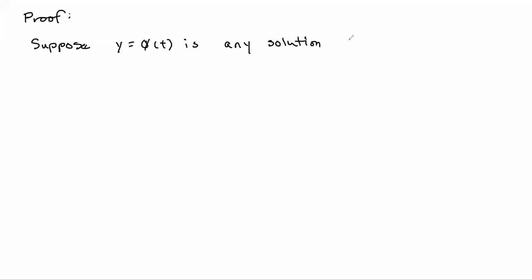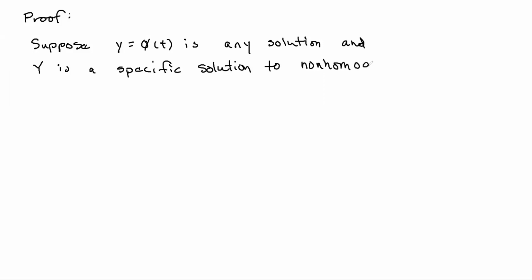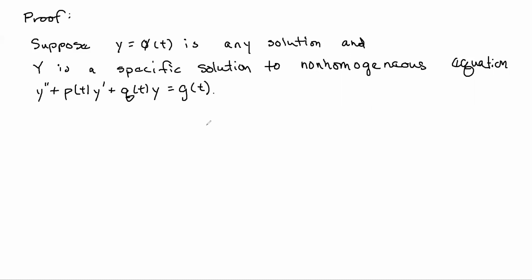Suppose y equals phi of t is any solution, and capital Y is a specific solution to the non-homogeneous equation Y double prime plus p of t Y prime plus q of t Y equals g of t. All right, so what we've got there is that we've got any solution.